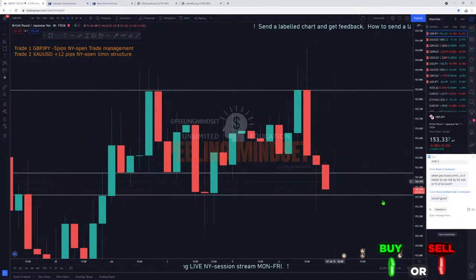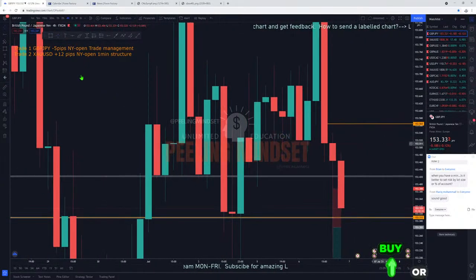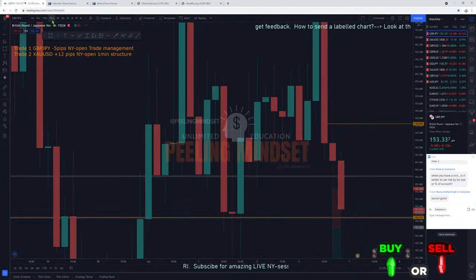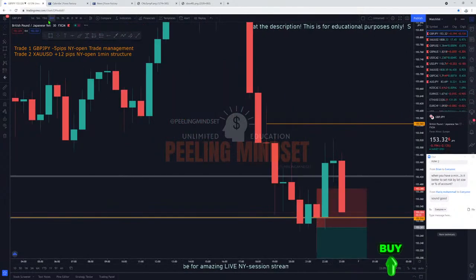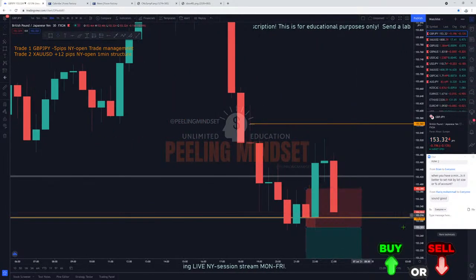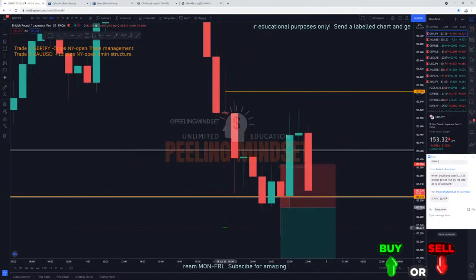So what is happening in pound yen here? It's only moving right now at the very end. So maybe that was an early trade in pound yen that I took at the beginning in the pre-New York. Obviously, the trade moved against me, but I think that was an early trade.